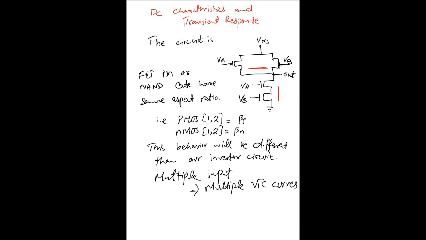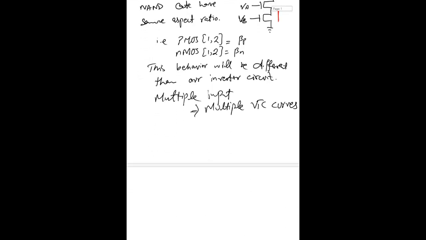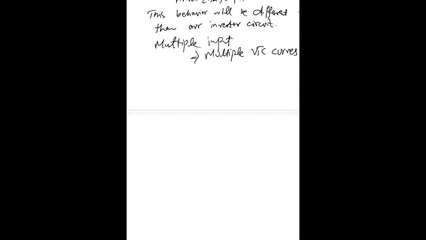If we recall the input parameters of our inverter, we said earlier that when Vin changes from 0 to VDD, our Vout will vary from VDD to 0 volts.